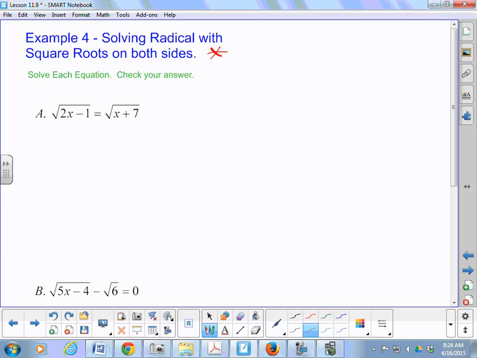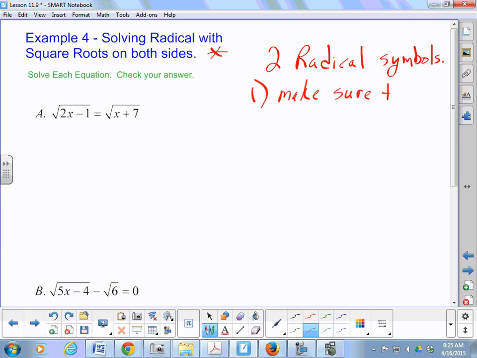If you have 2 radical signs or symbols, your first step is to make sure they are on opposite sides of the equal sign.